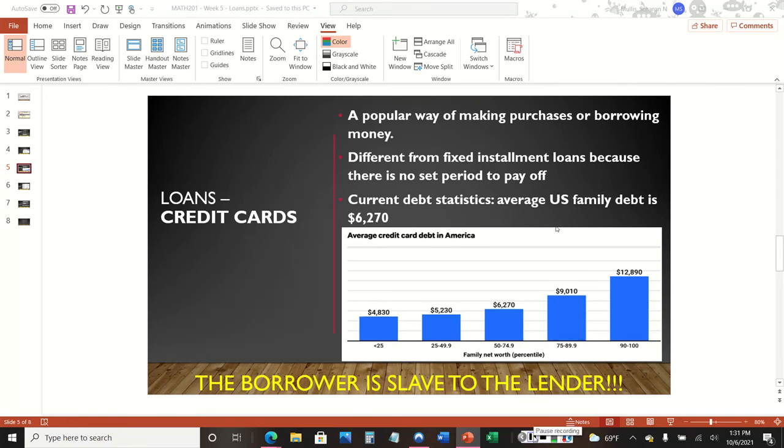So as you can see, this chart displays the average credit card debt in America based on net worth. And when we talk about net worth, we're talking about our assets minus our liabilities. So your assets are things that make you money. So that could be things like a business, stocks, any type of investment that's actually making you money.